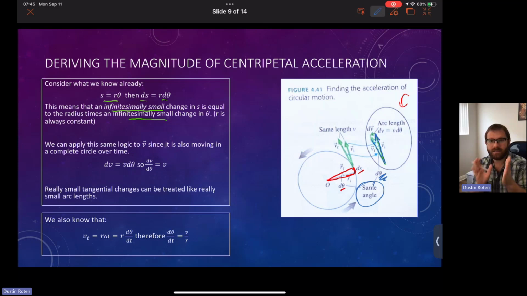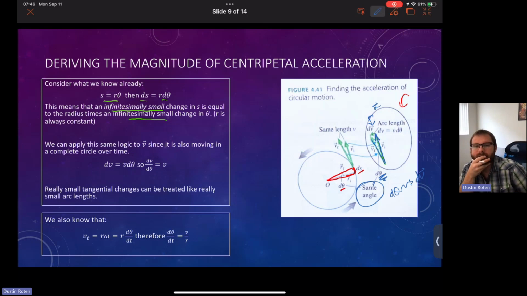That's still going to be d theta. Now that means there's going to be some sort of relationship between d theta and dv, because that's our difference. That's essentially our acceleration vector. It's just that little dv that points toward the center of the circle.